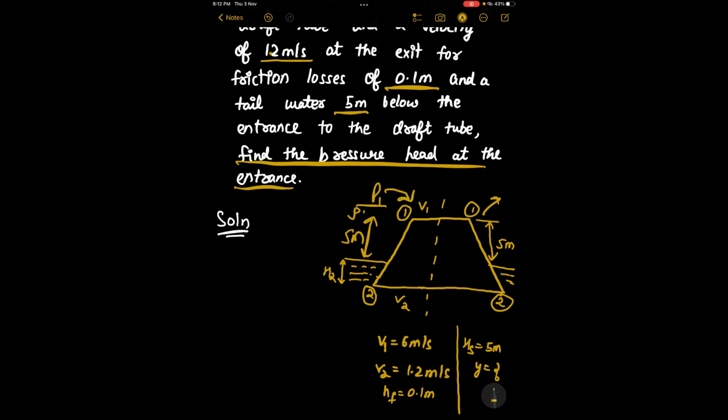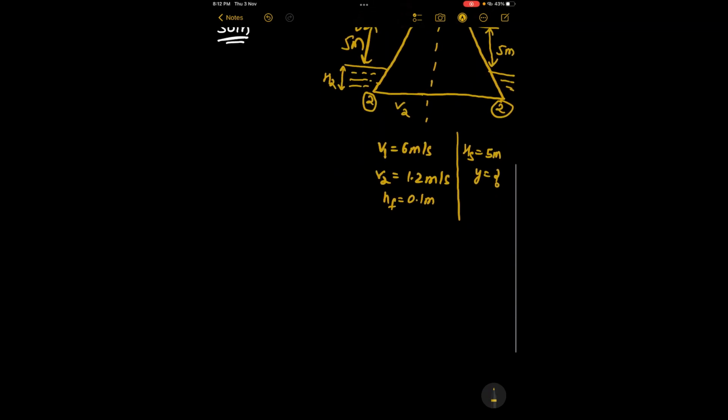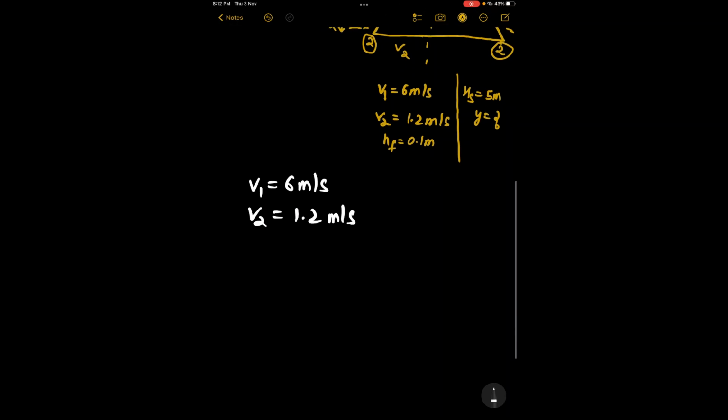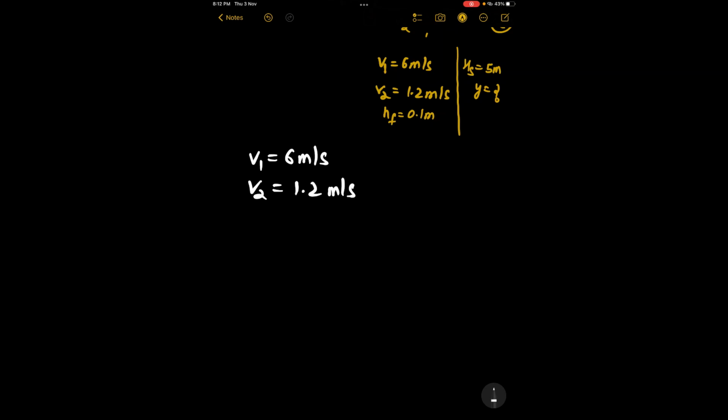P1 by rho g. So let's apply the concept of Bernoulli's equation again. You have V1 as 6 meter per second, V2 as 1.2 meter per second. Then we have the frictional losses, which is 0.1 meters of water. Then we have HS, that is 5 meter.